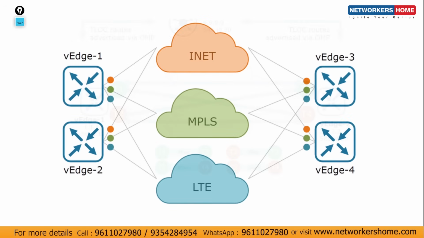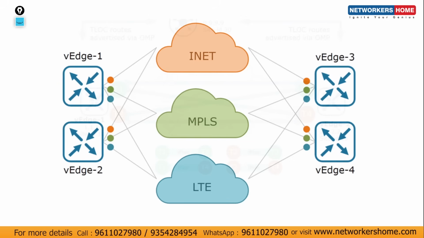So here you can see that we have VH1, VH2 connected over 3 transports. So we need some kind of identification of how this particular communication should happen. By default it is a full mesh, but using a lot of customized and centralized policies, you can customize it whichever way you want.